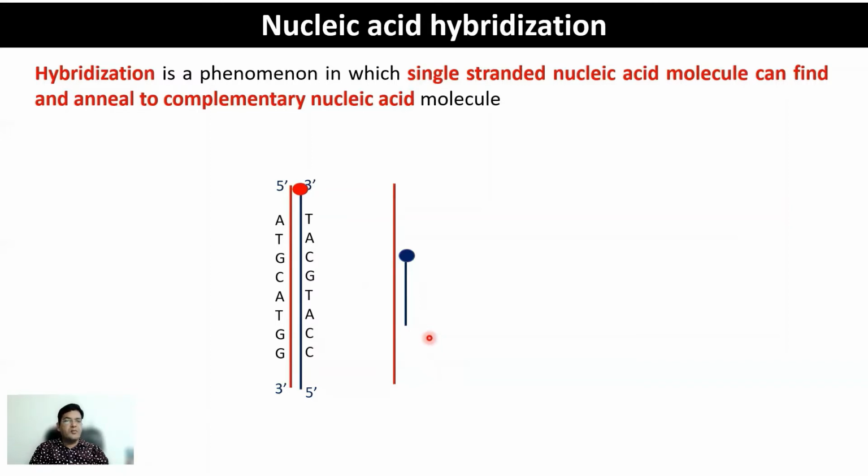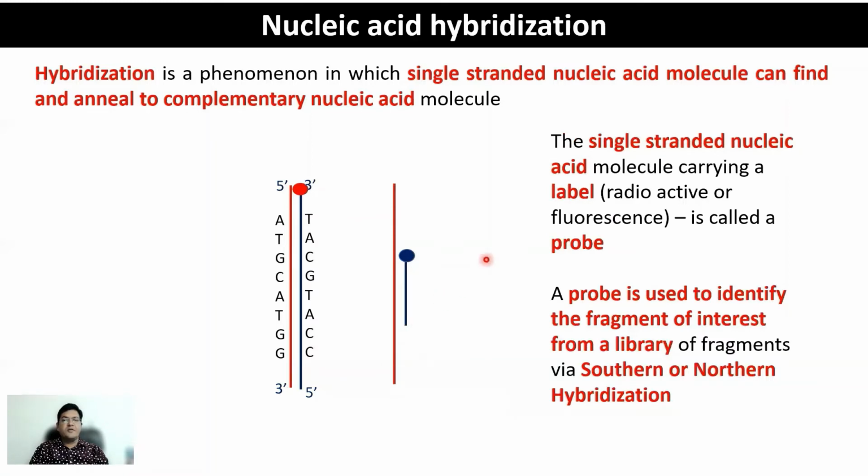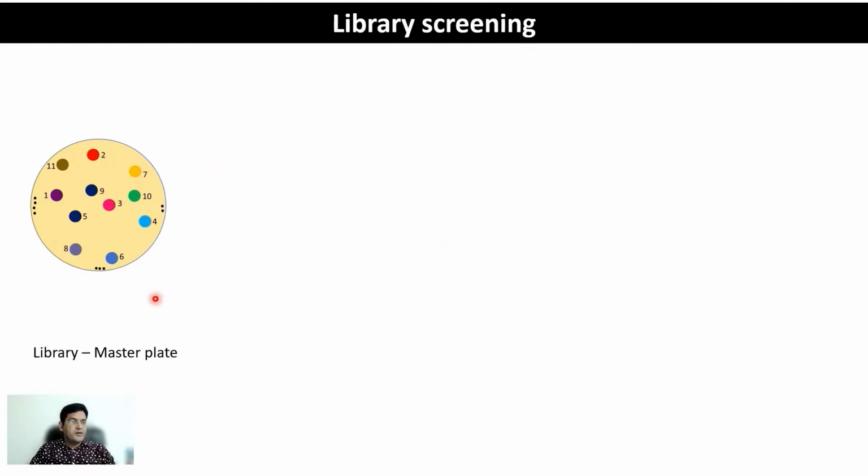So now this complementary piece of DNA that you introduce into your library and check for hybridization is called a probe, right? So here you are, the single-stranded nucleic acid molecule carrying a label, radioactive or fluorescence, is called a probe. A probe is used to identify the fragment of interest from a library of fragments via southern hybridization or northern hybridization. So let's now look at the steps in a library screening procedure.